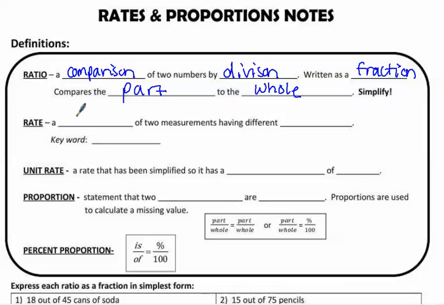A rate is a comparison of two measurements having different units. Keywords can include "per." The unit rate is a rate that has been simplified so it has a denominator of 1.